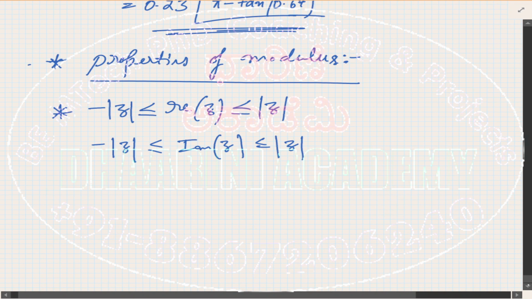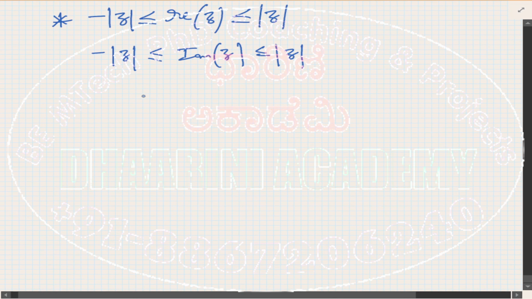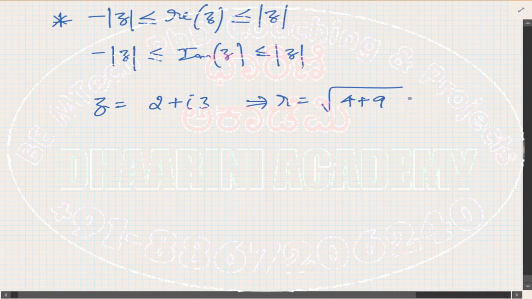So let us understand the meaning of this property. Let's say z is equal to 2 plus 3i. So calculate what is r. R is equal to root of 2 squared, 4, plus 3 squared, 9, correct? Root 13.